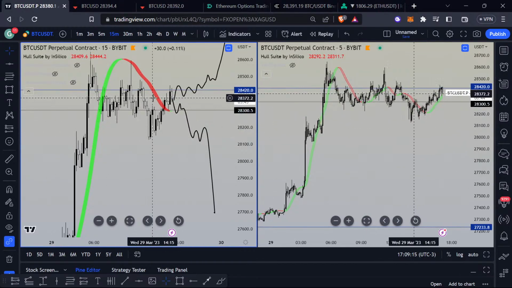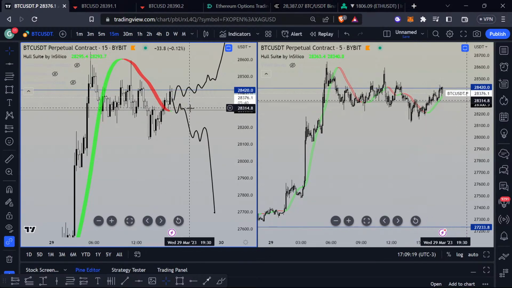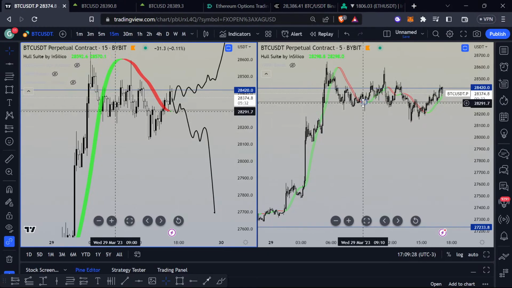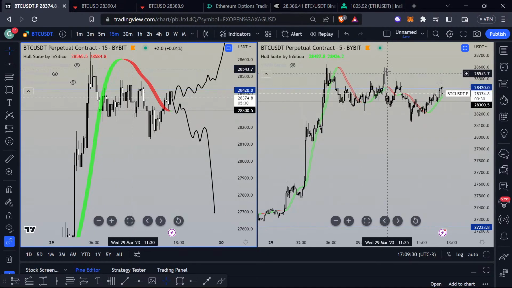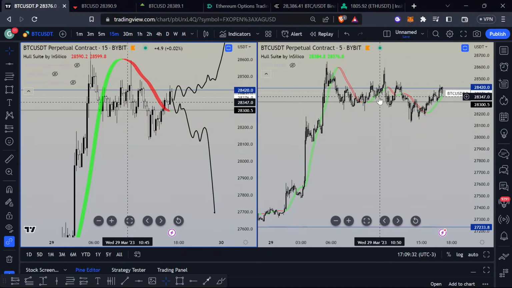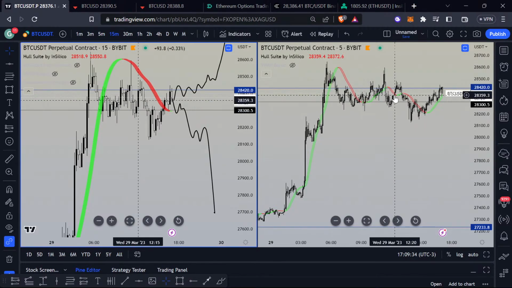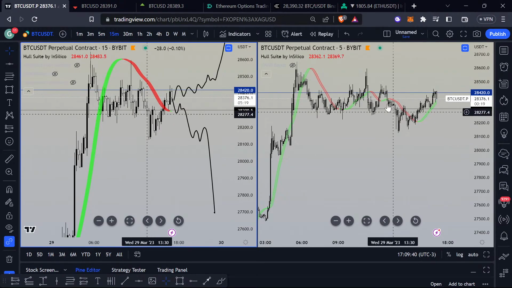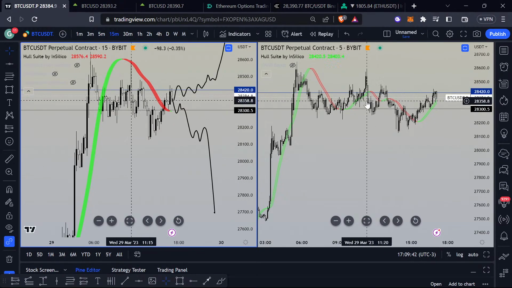I wouldn't be trying to catch the long right here because I believe we can also chop a lot and create something like that. Here you could have said, okay, we go to 50K, and no, it was just a little move within a range at resistance. And here you could have said, no, it's over, it's completely over. No, it was just a small move and actually got invalidated quite hard. You invalidated, then came down.